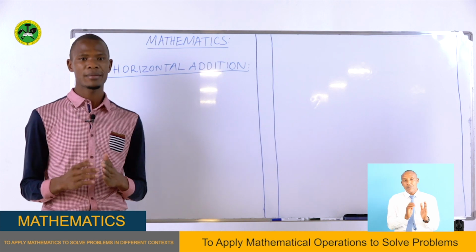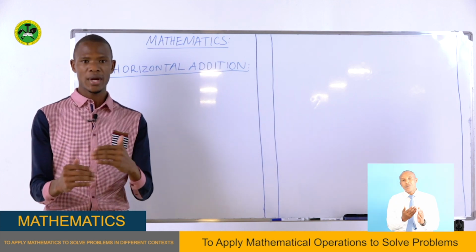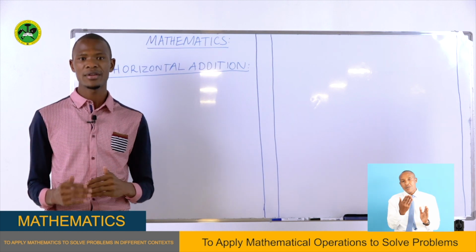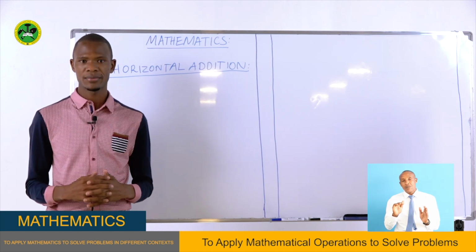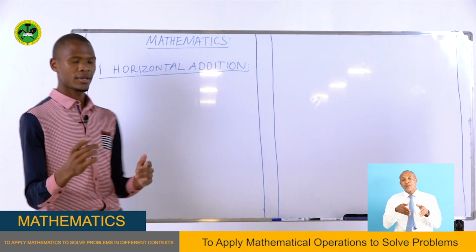When arranging numbers horizontally, we can do addition by considering their place values. The horizontal method looks like this.